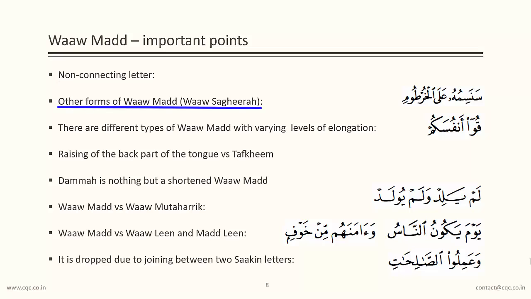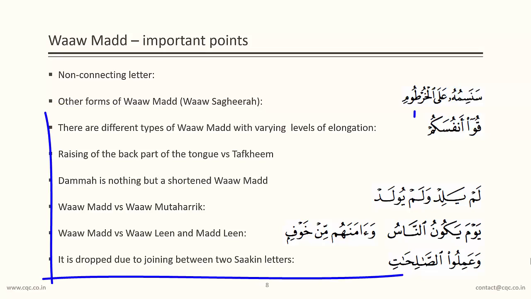Secondly, we have another form of Waw Madd, which is the Waw Saghira, as can be seen on the screen here in this example. There are specific conditions which cause this Waw Saghira to be added into the script. What are those conditions? Inshallah will be studied later in much detail. But from the recitation perspective, there is no difference between reciting a regular Waw Madd and the Madd from Waw Saghira.